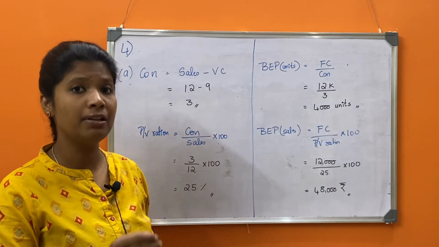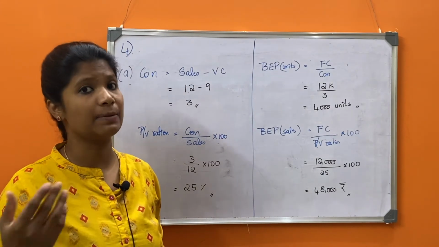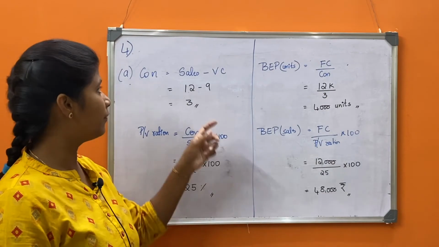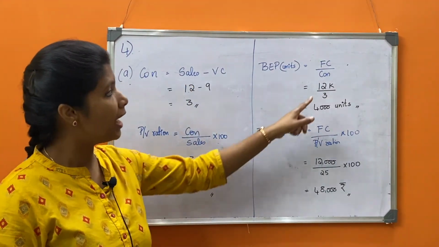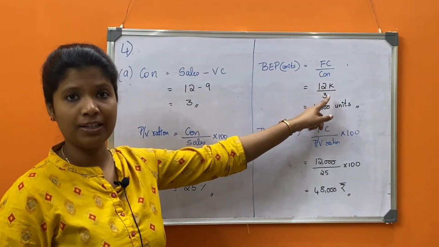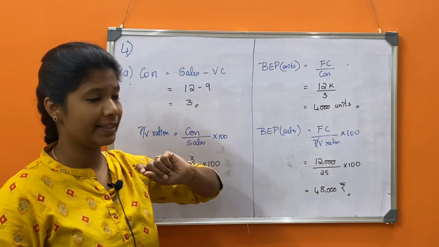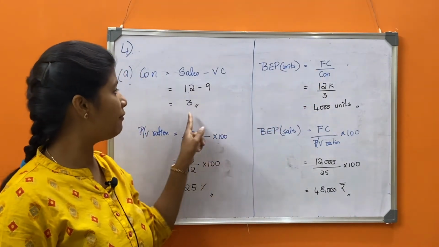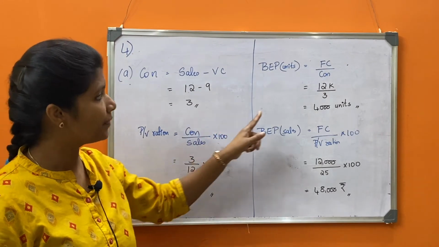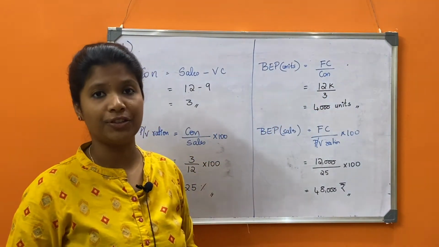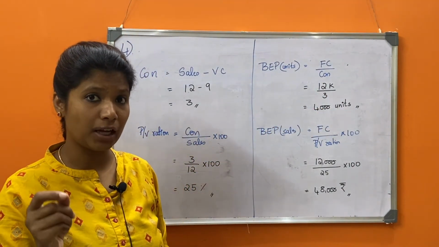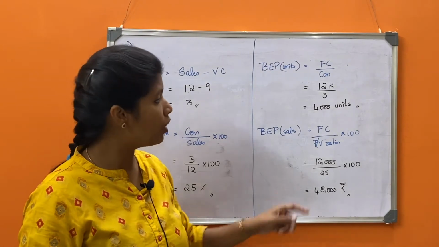Again, I have not written fixed cost divided by sales minus variable cost, okay, because we already have found out here. How much is the fixed cost given in the question? 12,000 rupees. How much is the contribution we have found out here? 3. So 12,000 divided by 3, what is the break-even point units or output?